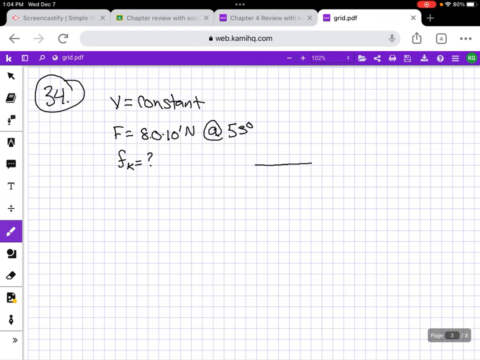We have the sled on a horizontal surface. Again, my sled is not super pretty here, but it's being pulled at a constant velocity on a horizontal surface. So V is going to be in this direction, but it's constant.